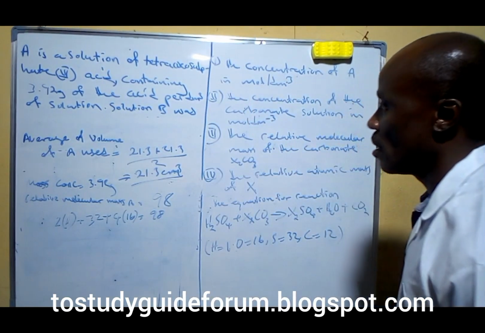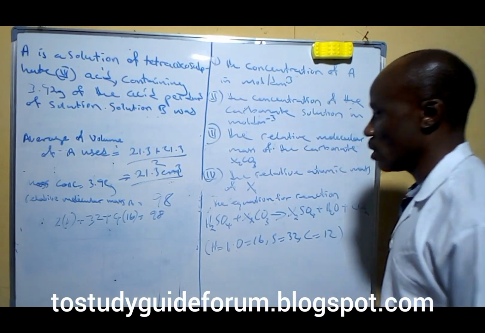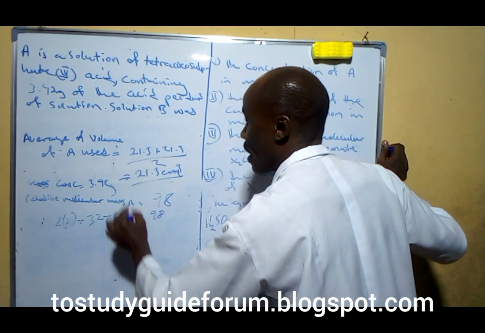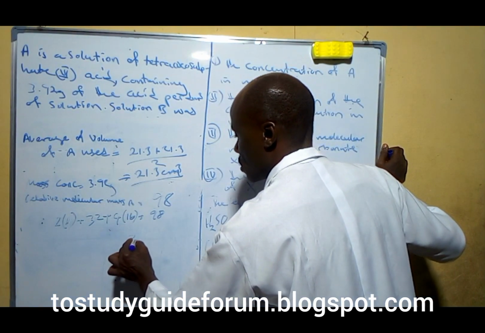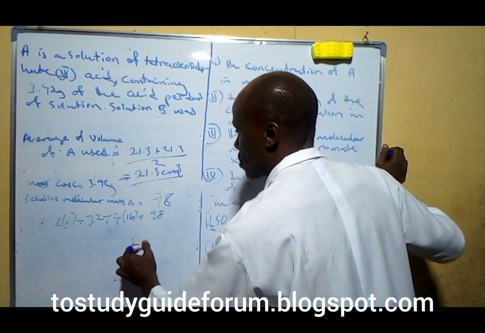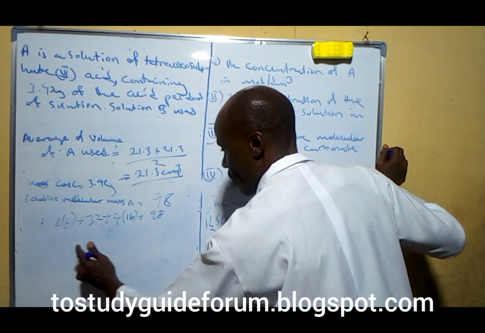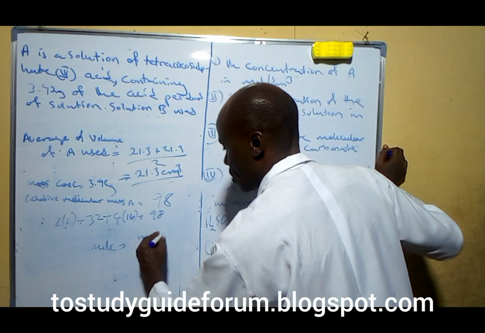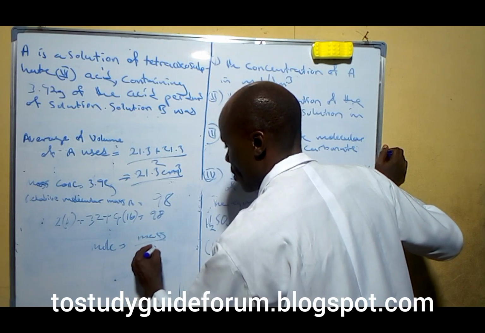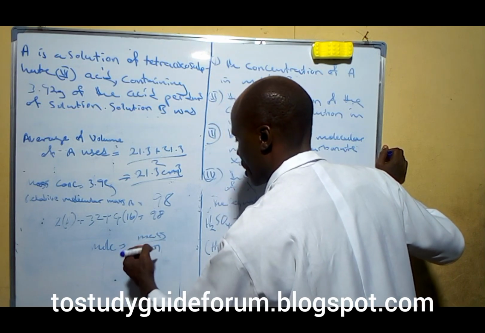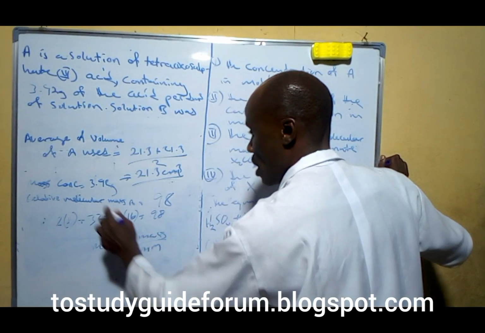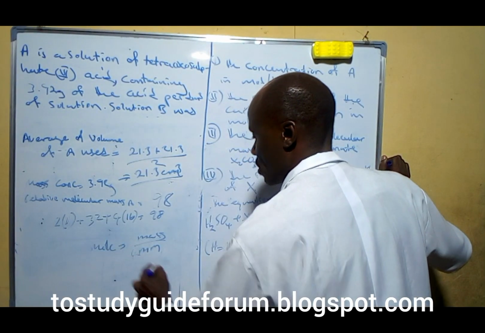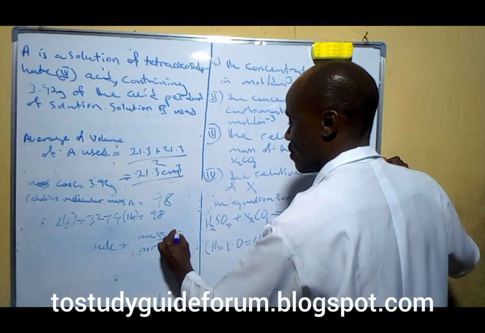So to get the mole concentration of this, what we do now is to divide 3.92 by 98. Remember we said that mole is equal to mass over what? Molar mass, or relative atomic mass, as the case may be, and for a compound you put the relative molecular mass. Then what we have is what?